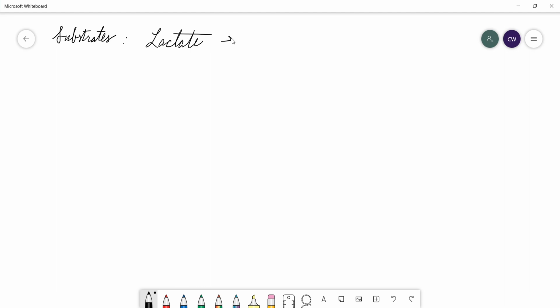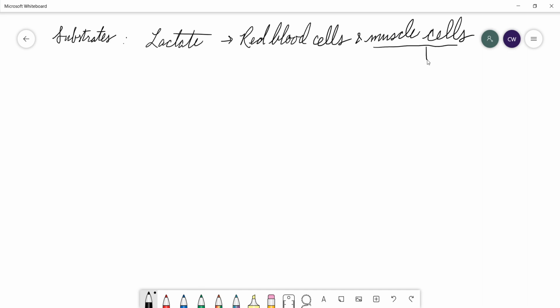and lactate is released by red blood cells and muscle cells. But muscle cells only release lactate under anaerobic conditions, so during exercise.